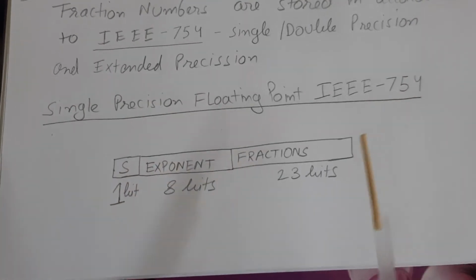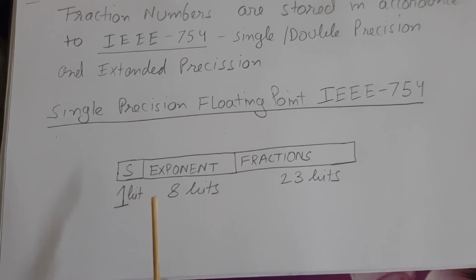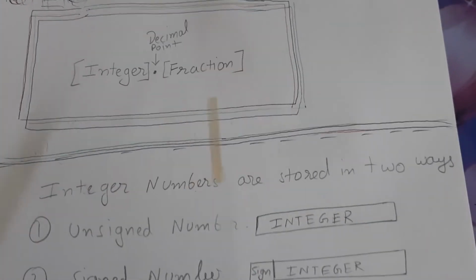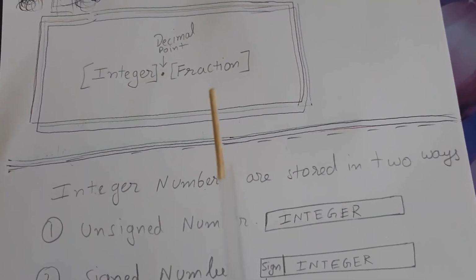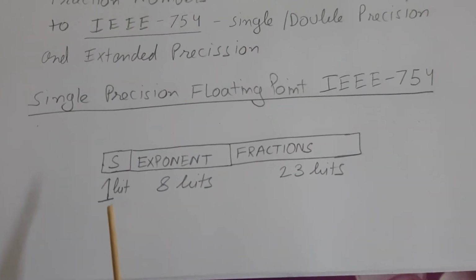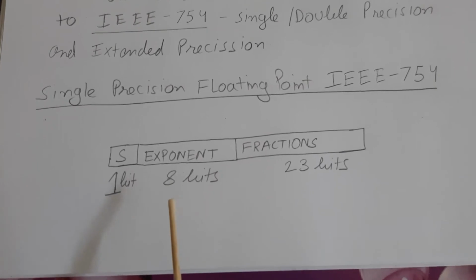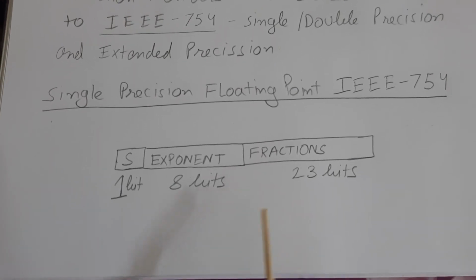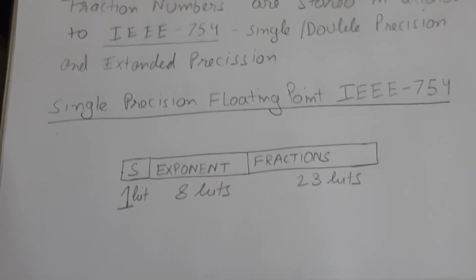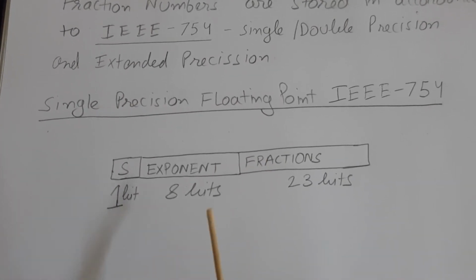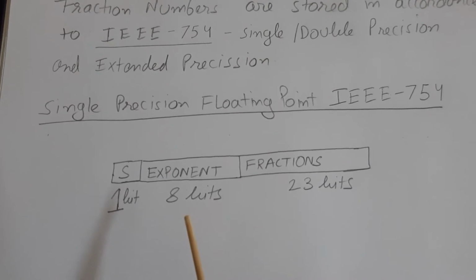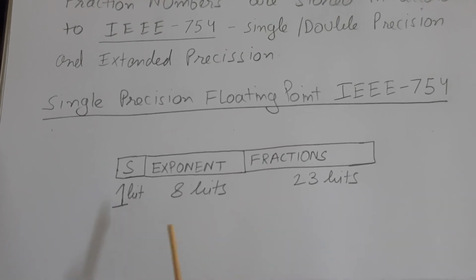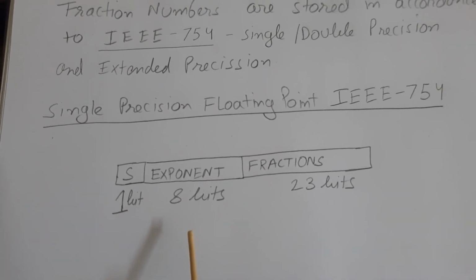What this standard tells us is that a number, its integer plus its fractional part, is stored in this format in all computer systems across the globe, so that a system designed by one manufacturer or designer is compatible with a system designed by another designer, manufacturer or fabricator.